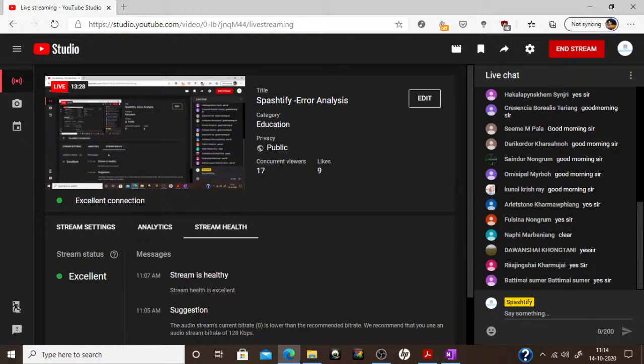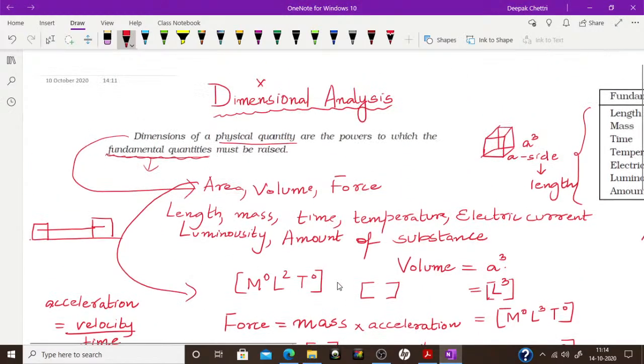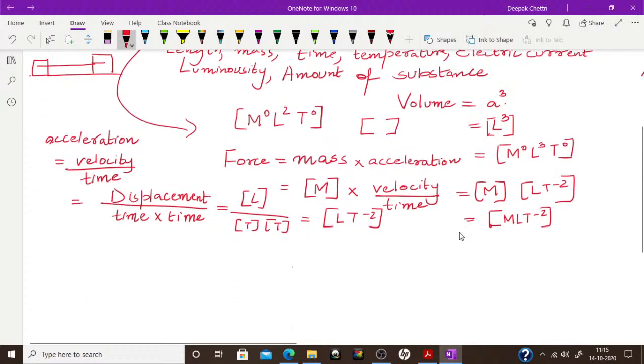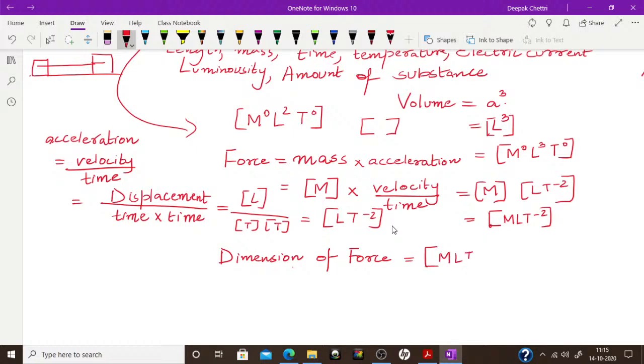Right. So now if you match this with the definition, see, the dimension of a physical quantity is the powers to which the fundamental quantities must be raised. In this case we found that the dimension of force is M L T minus 2, right?